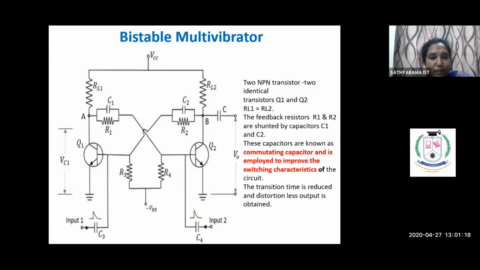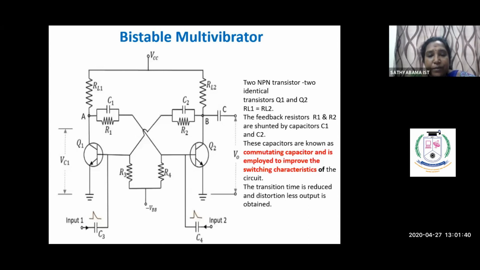So we need external triggering to change the state of Q1 and Q2. Now we want to change the state, so we provide a positive trigger on the Q2 side.